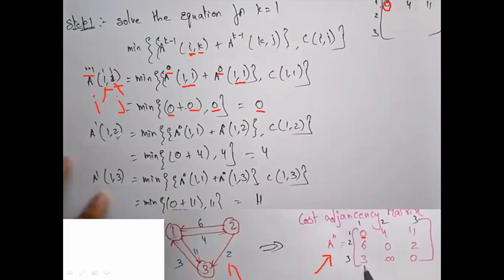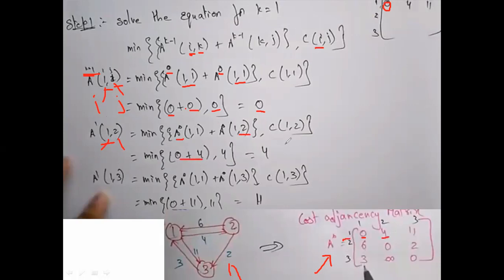Next, find 1 to 2. Applying this formula, A0 of (1,1) plus A of k minus 1, that is 1 minus 1, 0, because in all these problems k equals 1, of (1,2), and C of (1,2), where i is 1 and j equals 2. A0 of (1,1) is 0, and (1,2) is 4.